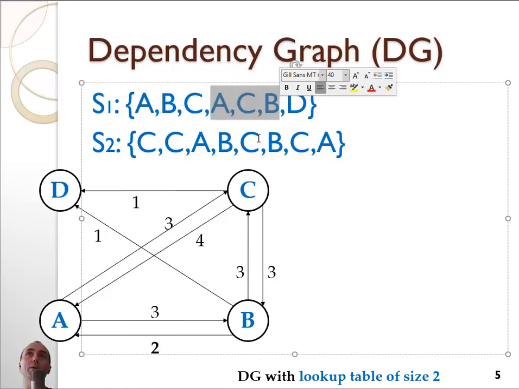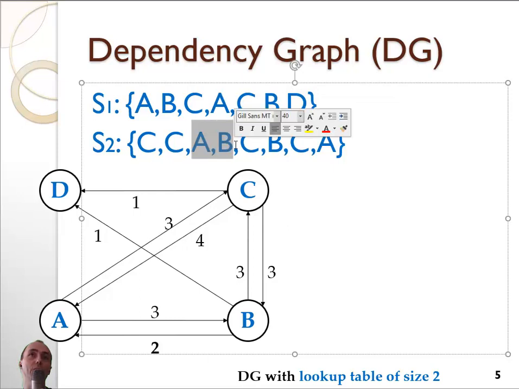A followed by B appears here, and also here. So A followed by B within 2 symbols appears 3 times, so we have A with an arrow to B with a 3. We don't count A followed by B here, because it is more than 2 symbols after. It is 1, 2, and 3, so it does not count.